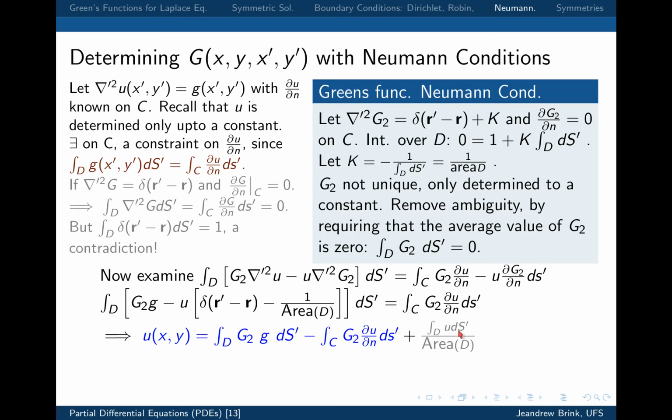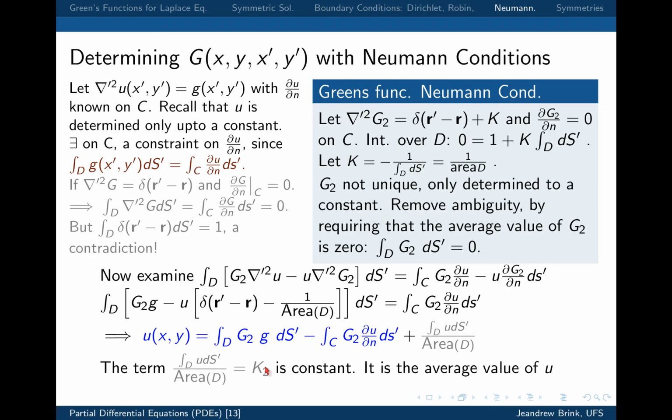So we can ignore this term and just remember it always. It's very clever. This thing is a constant, but it is the average value of u, and it can be ignored since u is only determined up to a constant.